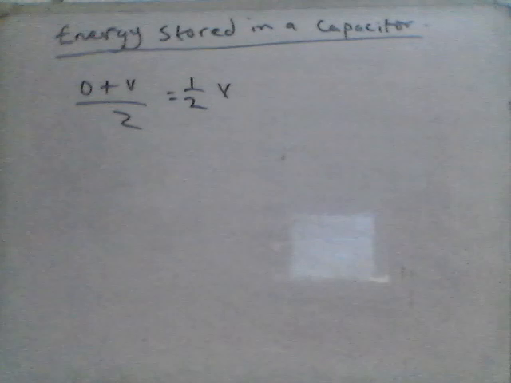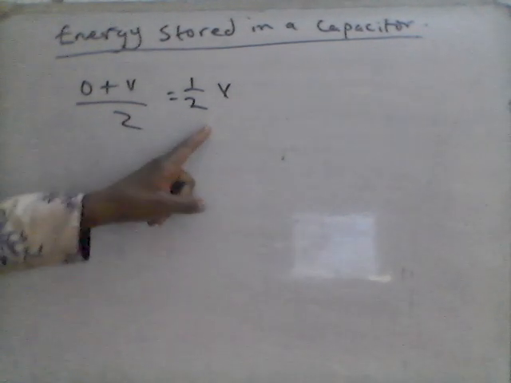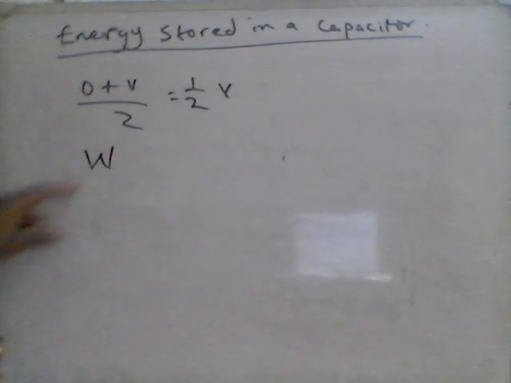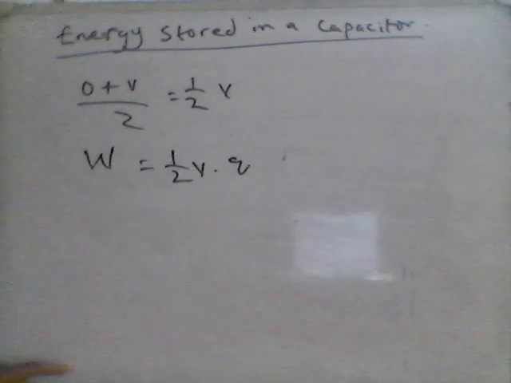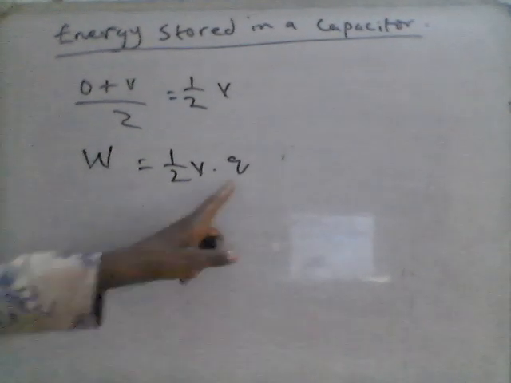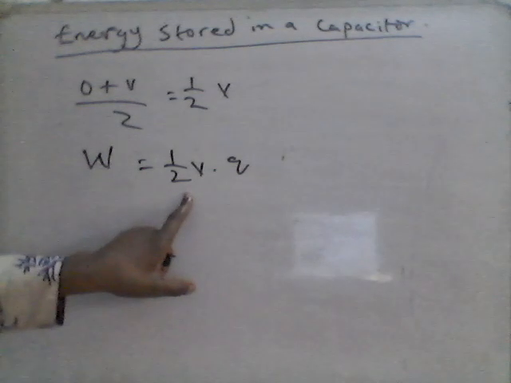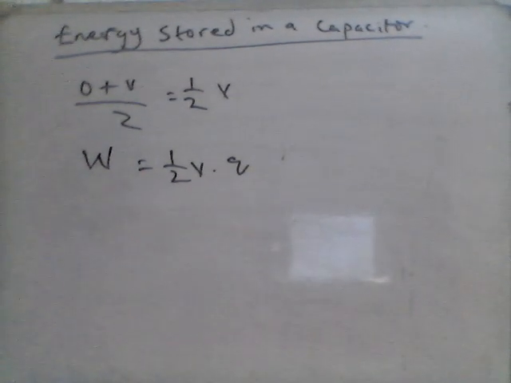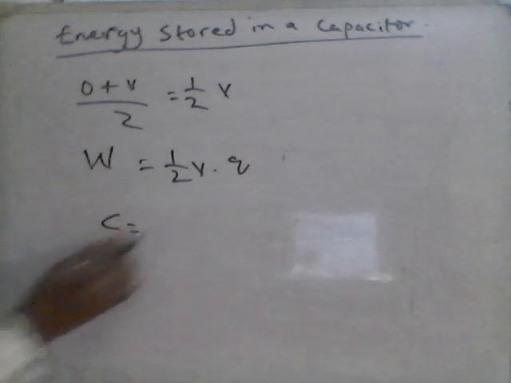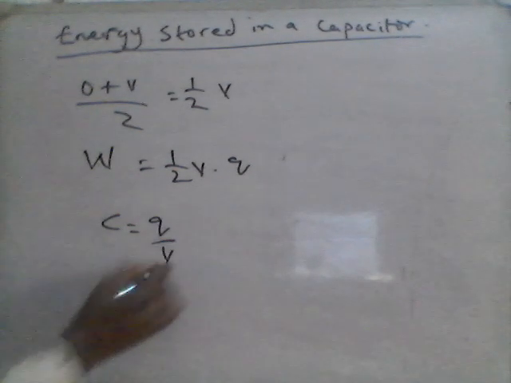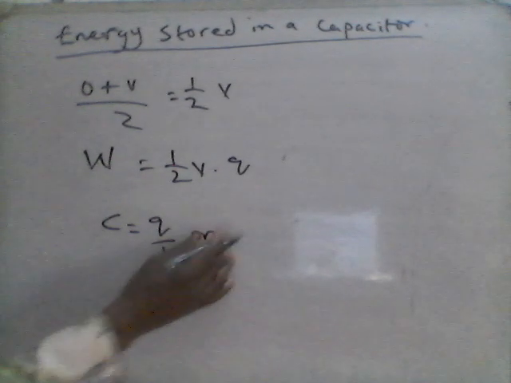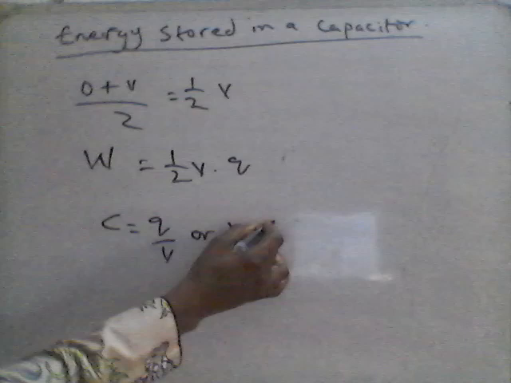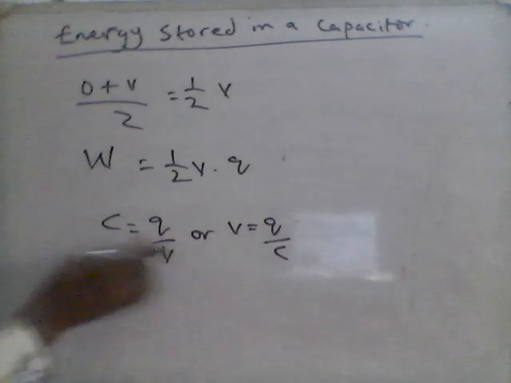So the work done in charging the capacitor through an average potential difference of this is given as W, where W is work, equal to 1 over 2 V times Q. In this case, this is the charge and this is the average voltage that is built up. But we know that C is given as Q over V, or again, V is given as Q over C. That is just by making V the subject of the formula.